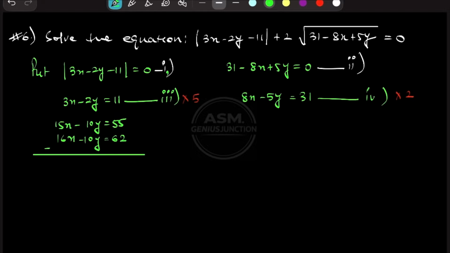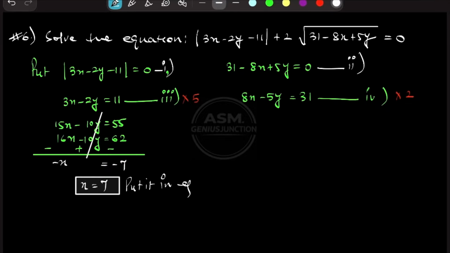This is going to change the signs of them. I can reduce plus 10 and minus 10. Then I will be getting minus x on this side, and I can write minus 7 on the right hand side. So I can say, therefore, x equals 7 is this one solution of the given questions. Put it in equation third.